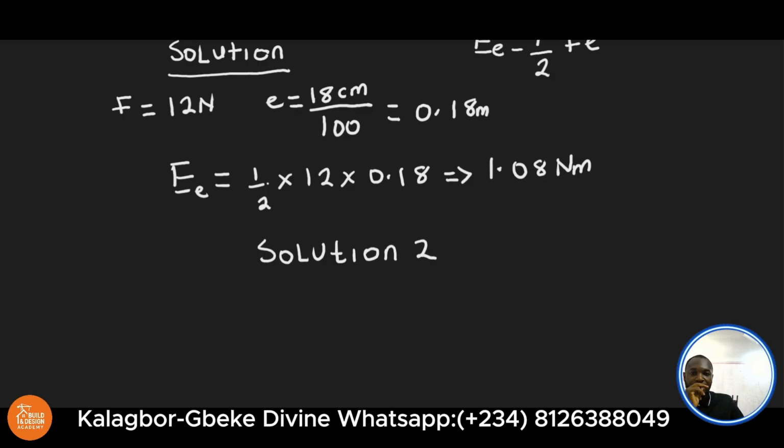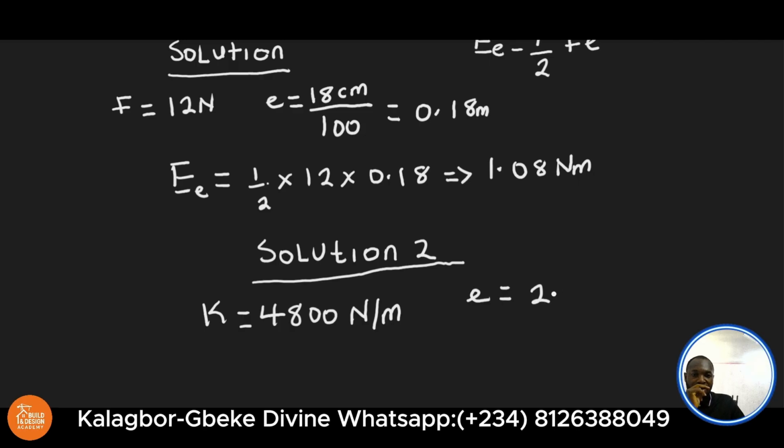So our solution for example 2 will now be, since K was given us, 4,800 Newton per meter, and we're given our e as 2 millimeters.